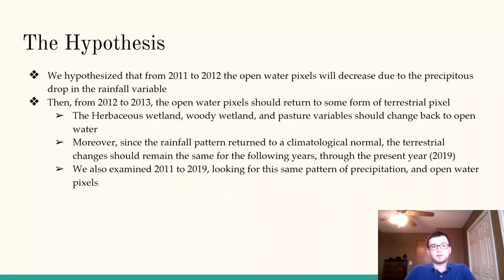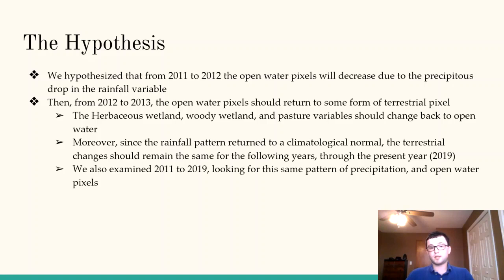So the hypothesis. We hypothesized that from 2011 to 2012, the open water pixels will decrease due to the precipitous drop in the rainfall variable. Then from 2012 to 2013, the open water pixels should return to some form of terrestrial pixel because of the return to normal precipitation.